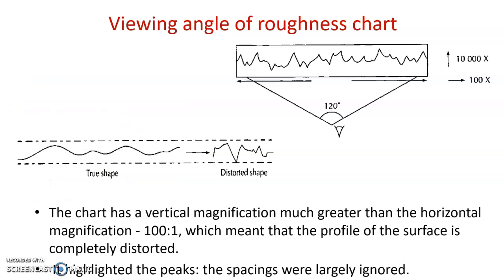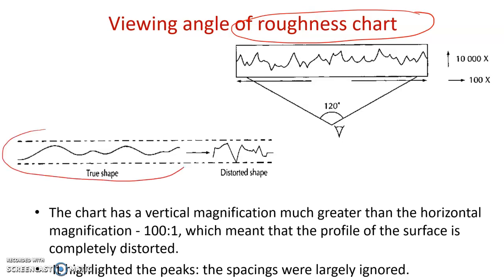The evaluation of surface roughness is based on the roughness charts. And the roughness charts are made by enlarging or magnifying the output obtained from the measurements. And if this is a true shape, it will be made into a distorted shape for the measurement. The distorted shape is made by using two scales of magnification.